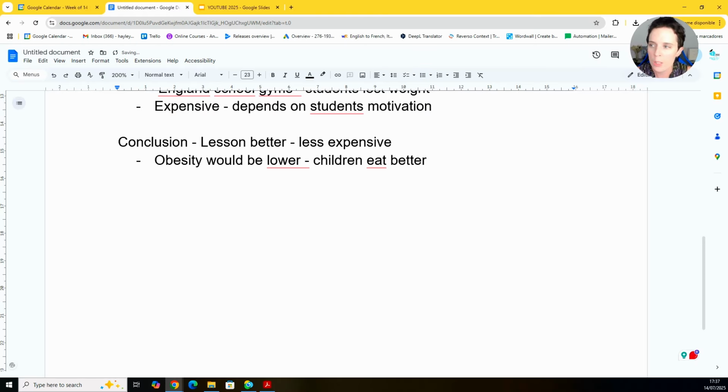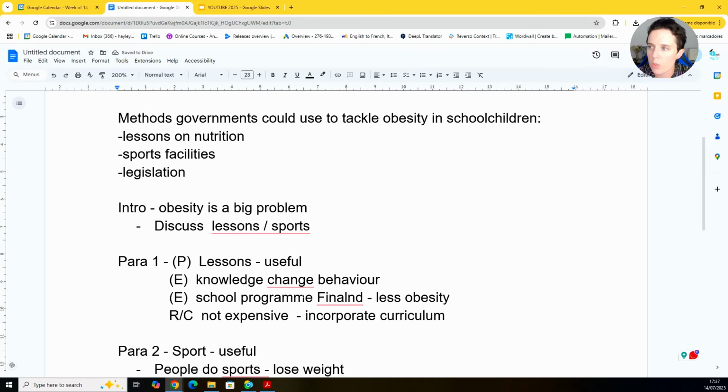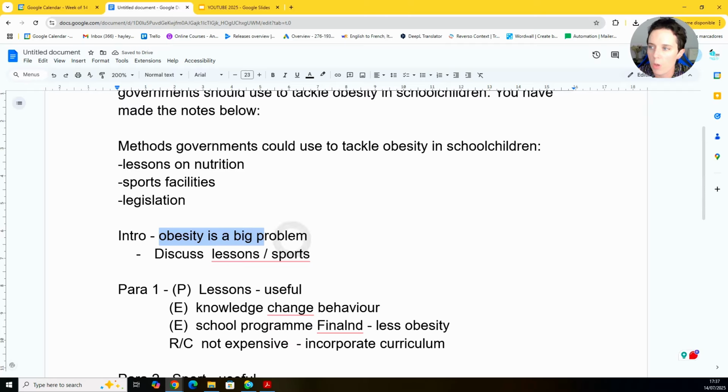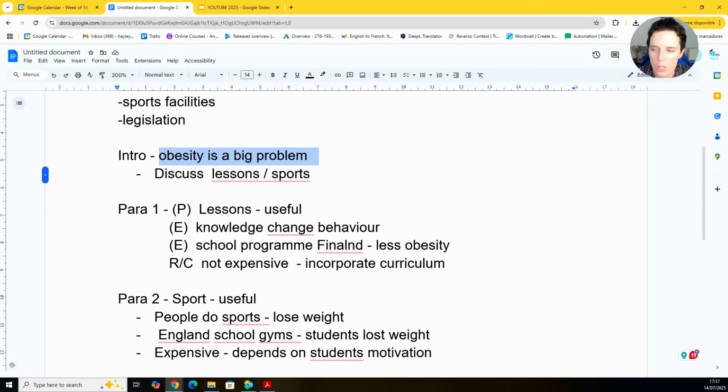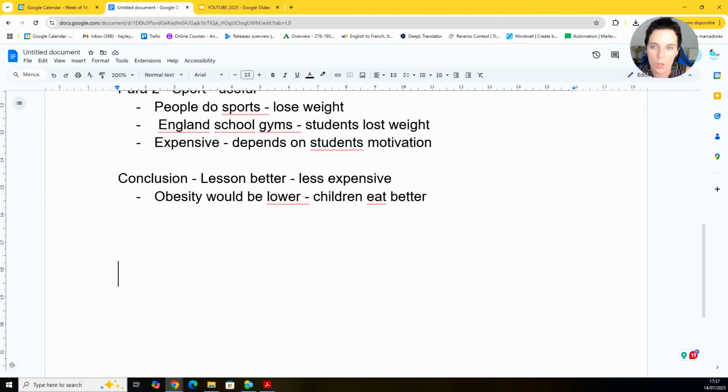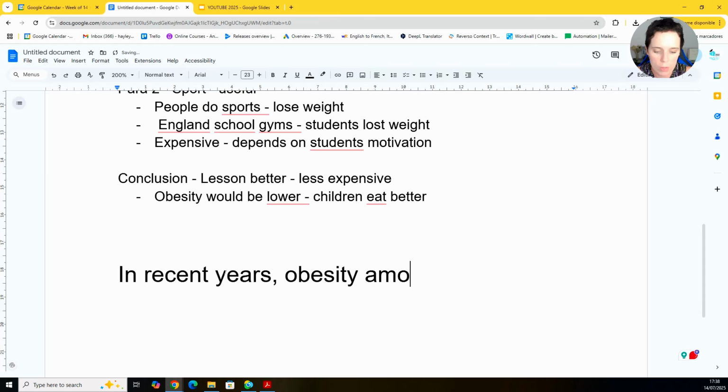essay. So, my point. So, I need a general statement, like we said, about obesity. So, obesity is quite a big issue, so I'm going to say in recent years, obesity among school children. Again, make sure it's specific to school children and not in general.